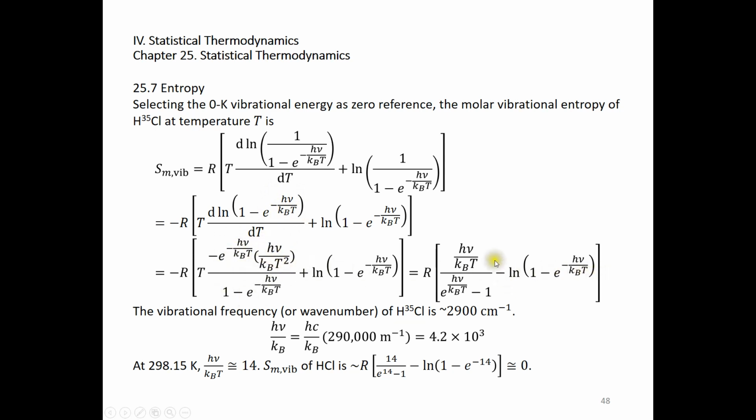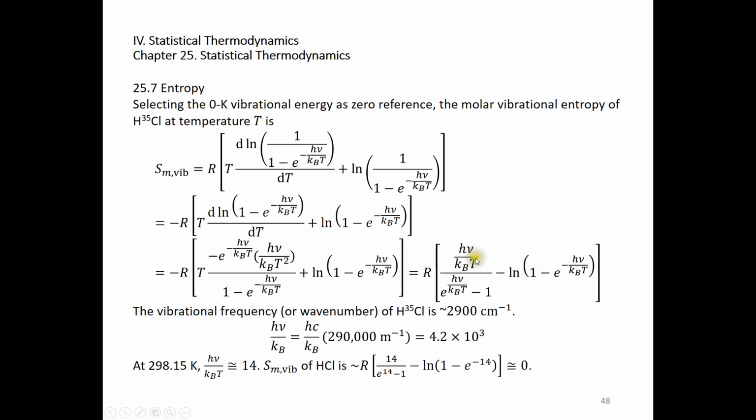From this term to this term, we just multiply both the top and bottom by e to the power of positive h nu over kBT. And then we get this minus 1 on top. This just disappears. We have T over T squared, so it's going to be just kBT over here. And then we copy the logarithm here. Why negative? It's just negative times negative gives positive, negative times positive gives negative.